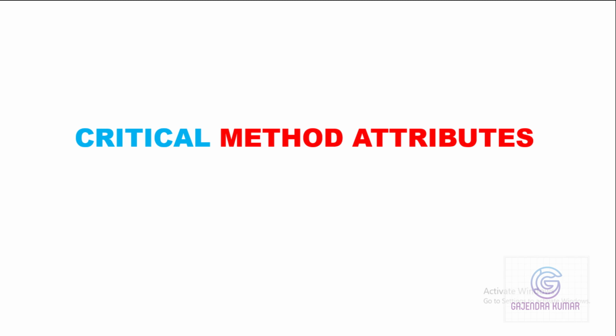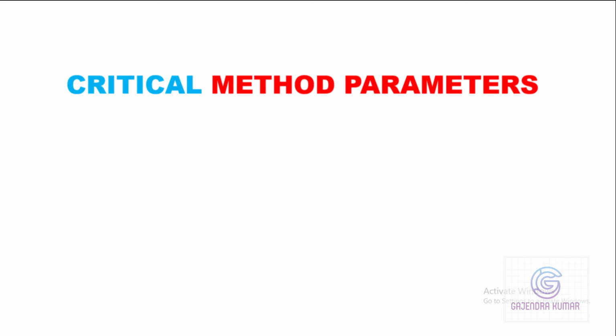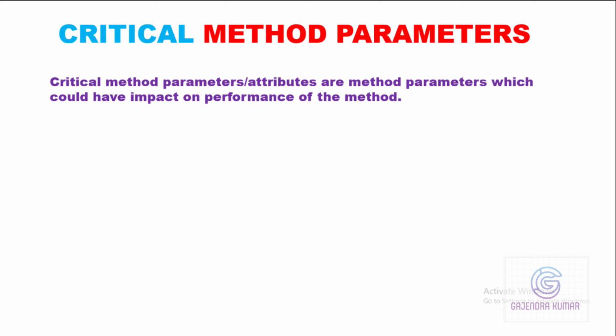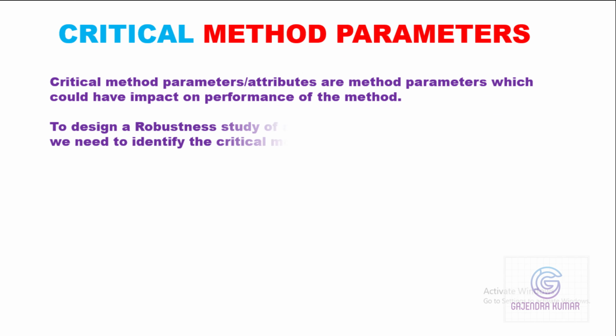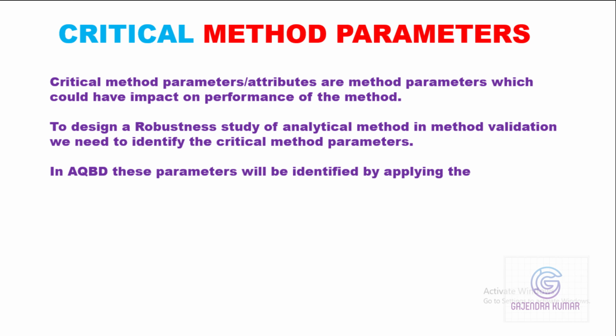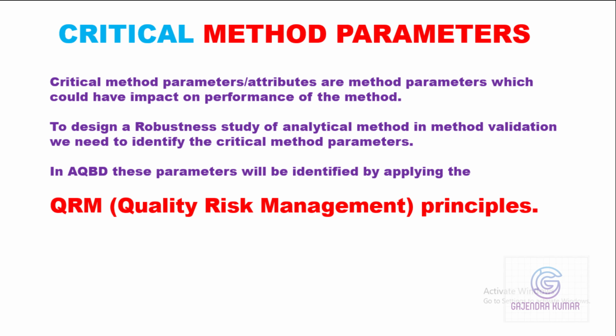We also call them critical method parameters. Critical method parameters are the method parameters which could have an impact on the performance of the method. In AQbD, these parameters are identified by applying the quality risk management principles, that is QRM principles.